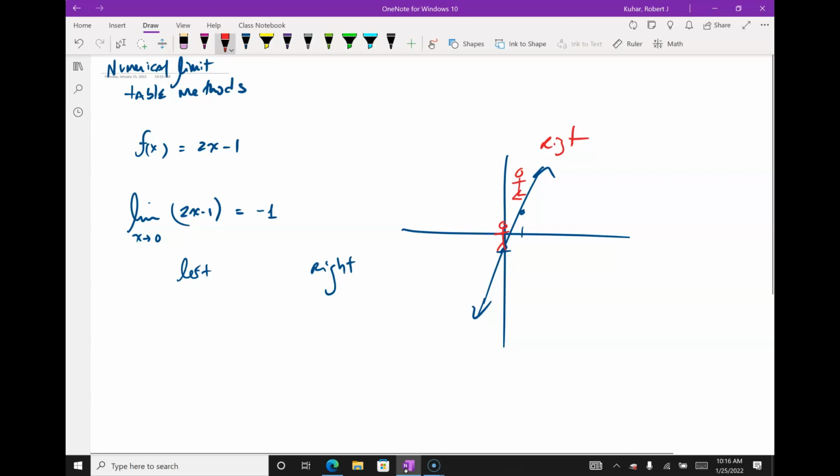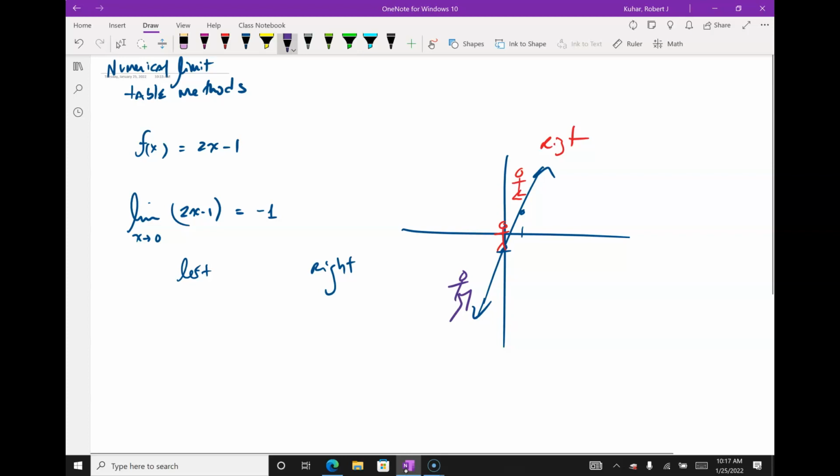That's obvious, right? So that's me. I'm walking down the hill, but I'm moving right to left, right? And I end up at a height of -1. And same thing if I'm walking up this hill, right? Again, when x is 0, when I get to that y axis, I'm at a height of -1.